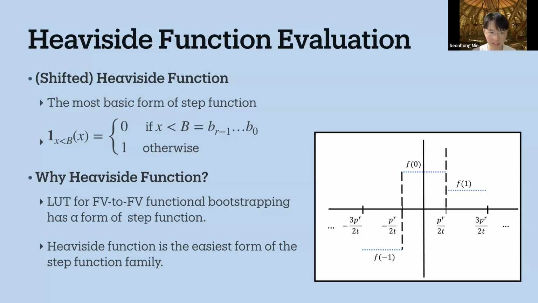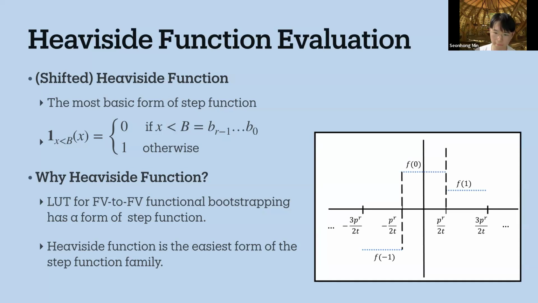So why did I choose the Heaviside function? The reason is that the LUT for FV to FV functional bootstrapping has the form of a step function. If you look at the graph on the right side, you can see that the FV to FV LUT has the form of some step function.